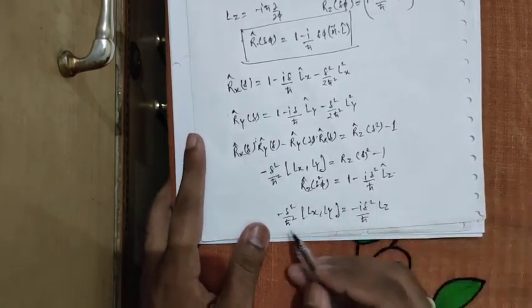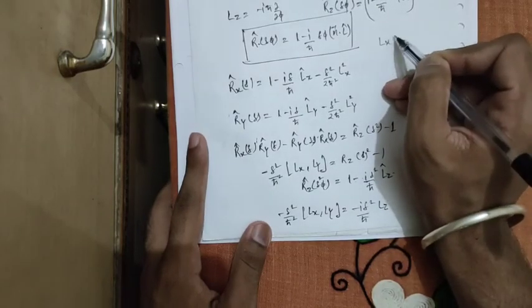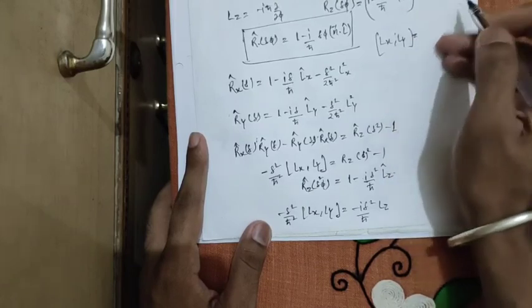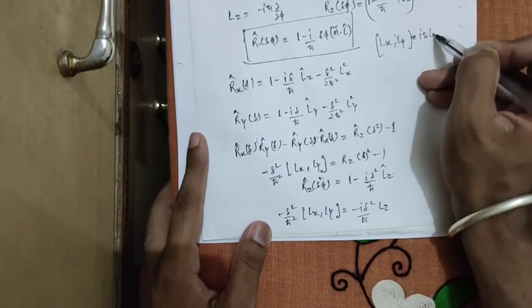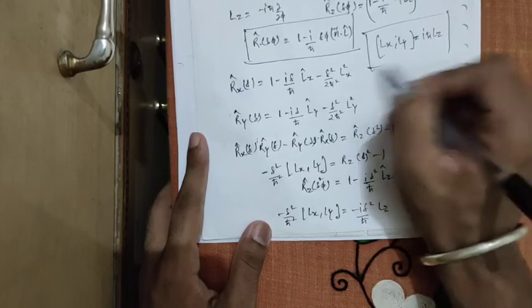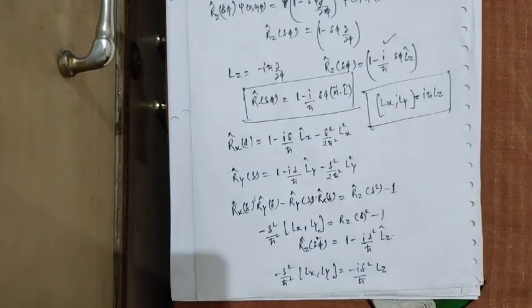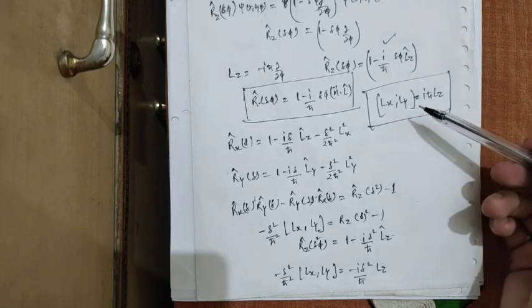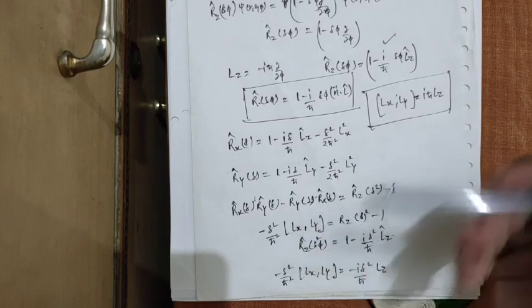In the end it becomes the commutator of Lx comma Ly equals i h cut Lz. In this way we can interpret the commutation relation of the orbital angular momentum with the help of rotation matrices.